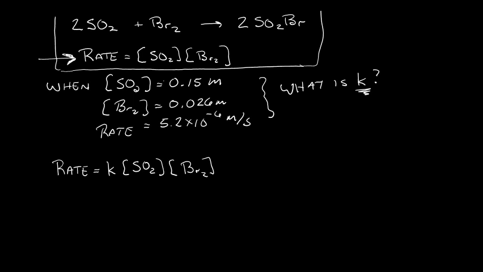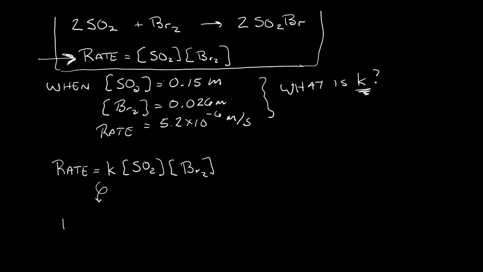And since we're trying to solve, in this case, for the rate constant, we can get the rate constant K by itself if we just divide both sides by the rate, right?